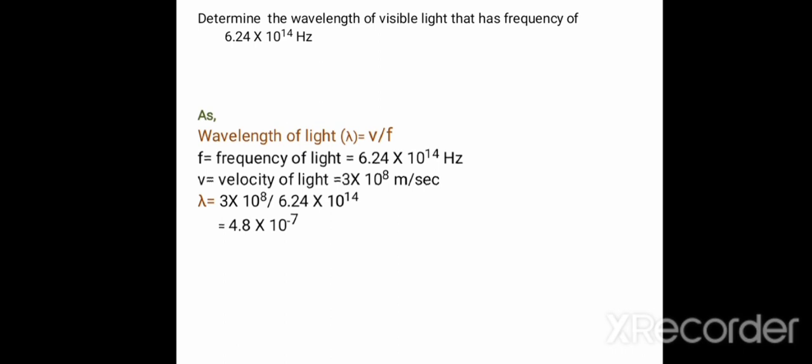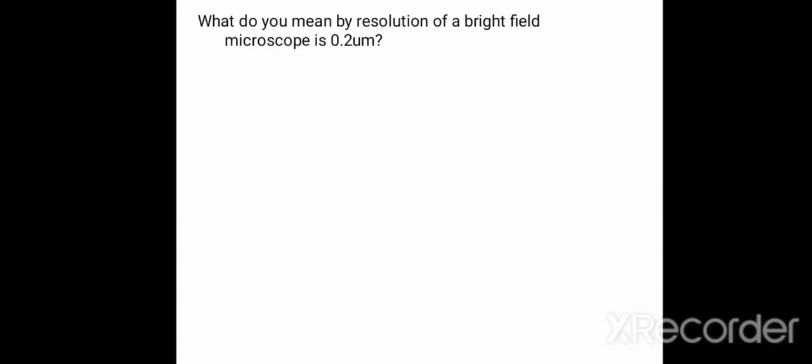We know that the velocity of light is 3 into 10 to the power 8 meter per second. Putting these values, lambda is equal to 4.8 into 10 to the power minus 7. So the wavelength of visible light is 4.8 into 10 to the power minus 7 meter.